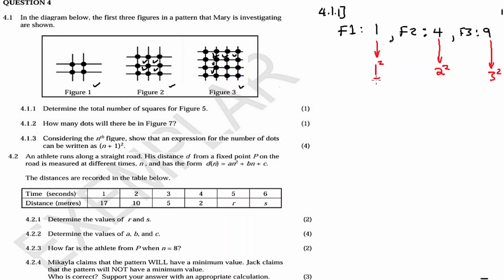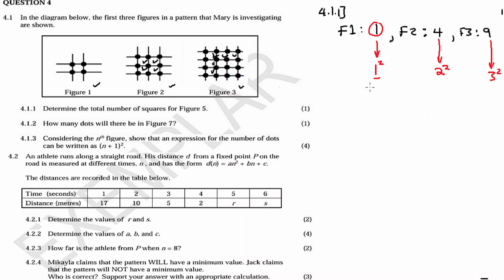It means that all of the numbers in the pattern will be raised to an exponent of 2. 1 raised to exponent 2 because it's figure number 1. Figure number 2, a base of 2 raised to exponent 2. Figure number 3, a base of 3 raised to exponent 2.